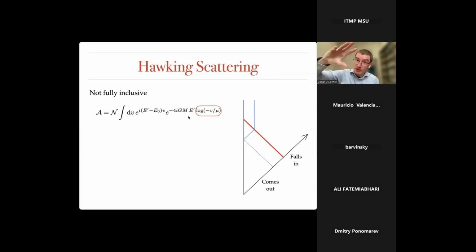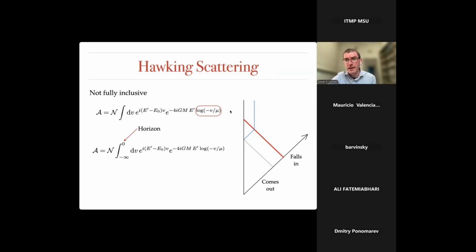The measurement at future null infinity is not a fully inclusive measurement because some of the information about the initial particle is stuck inside the black hole. So correspondingly, we cut off the integral where the log becomes singular, where there's a branch point. That's the way in which we're feeding in the information about the event horizon here, saying, well, look, that log goes bad, I'll just cut off the integral.